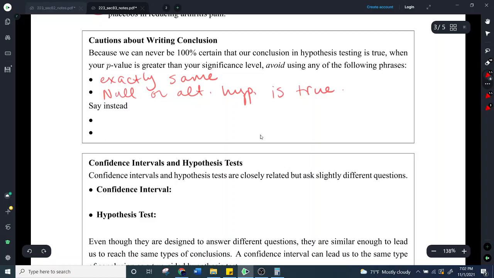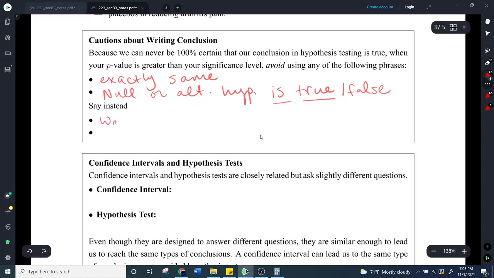A lot of students want to say that it's true. We don't want to say it's true. We want to say we have evidence to support one or the other. Maybe in your mind you could say we think this is true, but you never want to write the alternative hypothesis is true, or vice versa, false. You never want to say one is true or one is false.